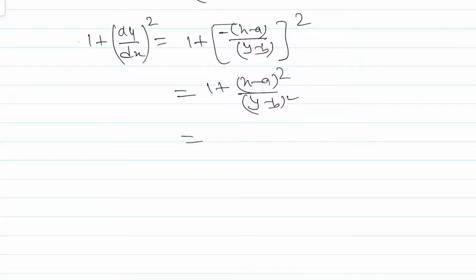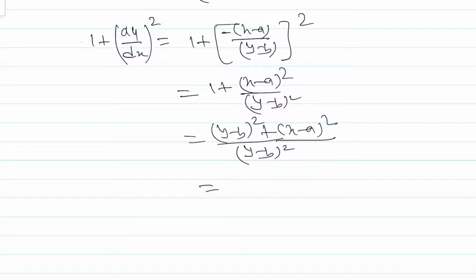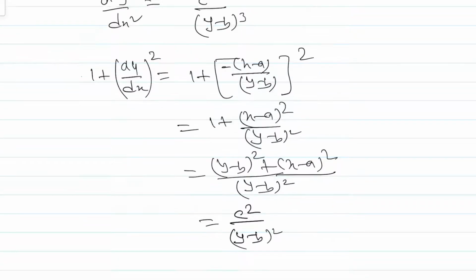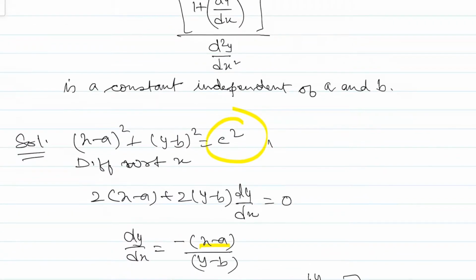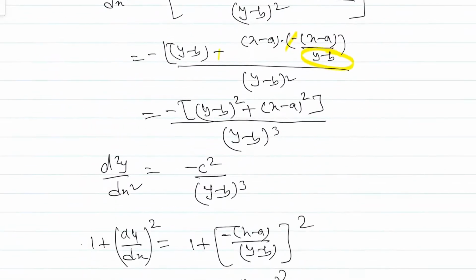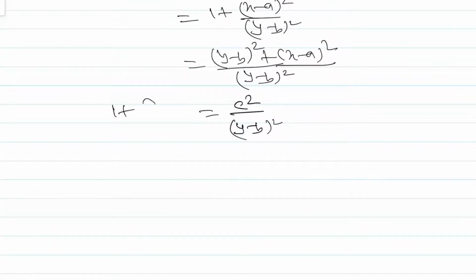Taking the LCD, lowest common denominator, which is (y − b)², we get (y − b)² + (x − a)². Again the numerator becomes c² upon (y − b)², as (x − a)² + (y − b)² is equal to c², given. So this is the value of 1 + (dy/dx)².